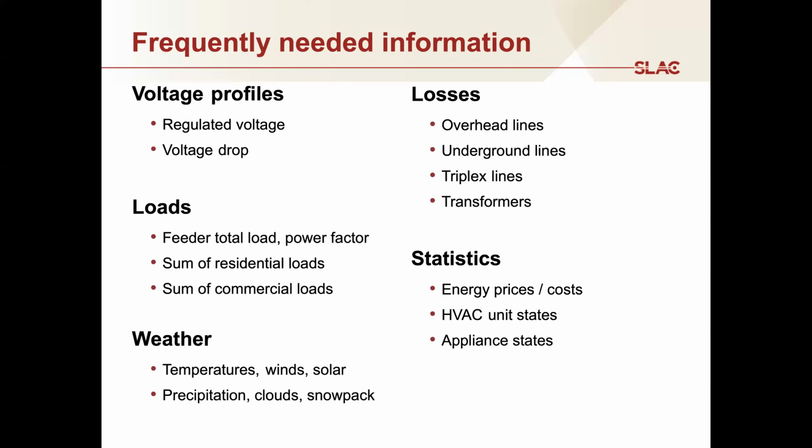And I'll explain later how we get around modeling all the appliances explicitly. We have implicit load models that allow us to avoid too much detail where it's not needed.